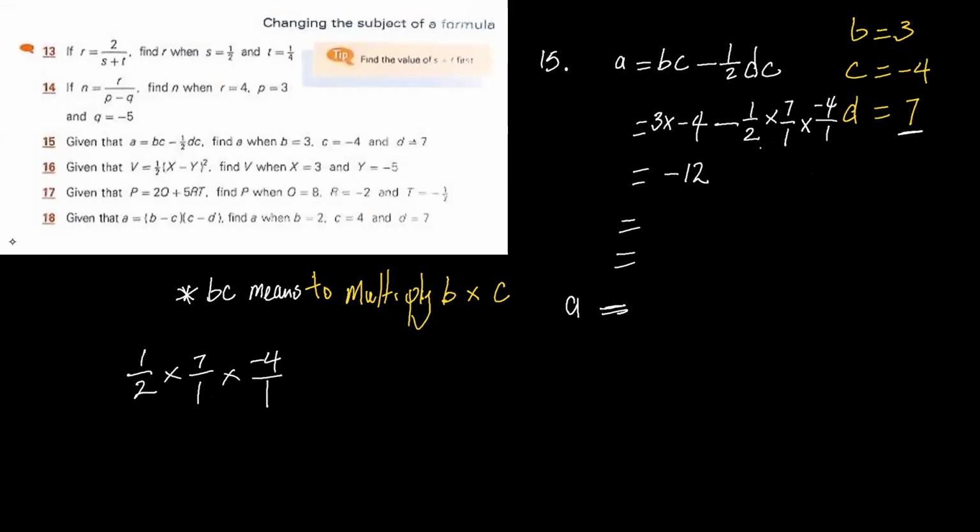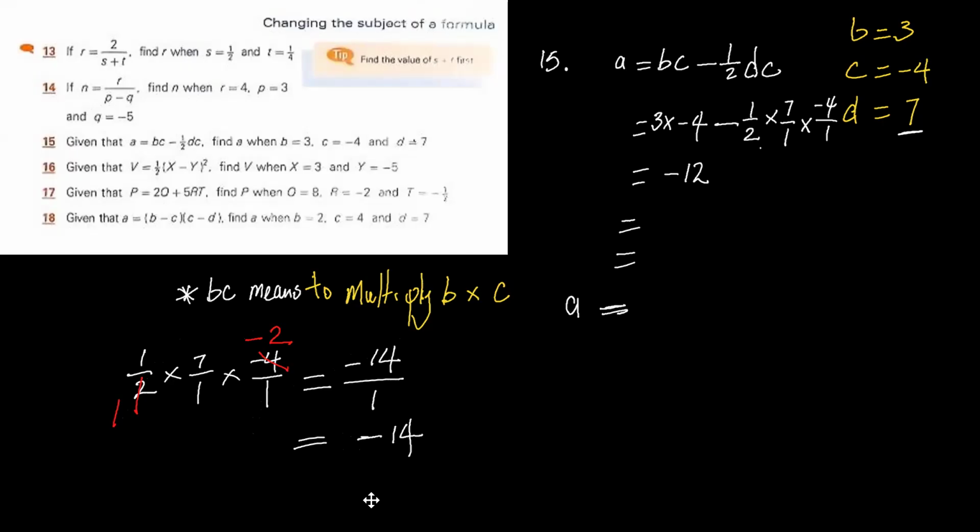Now, the nice thing is that I can work with the 2 and the -4. 2 into 2 is 1. 2 into -4 is -2. So that will give me 1 times 7 times -2, which is -14 over 1, which is the same as -14.